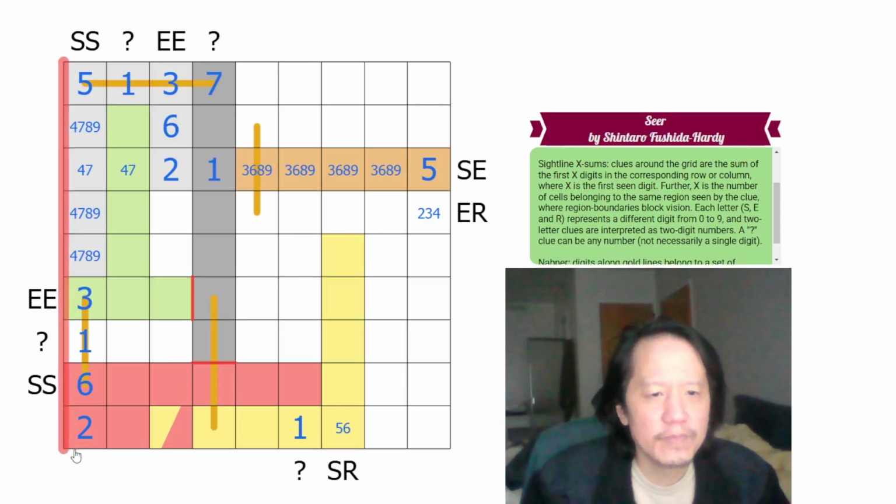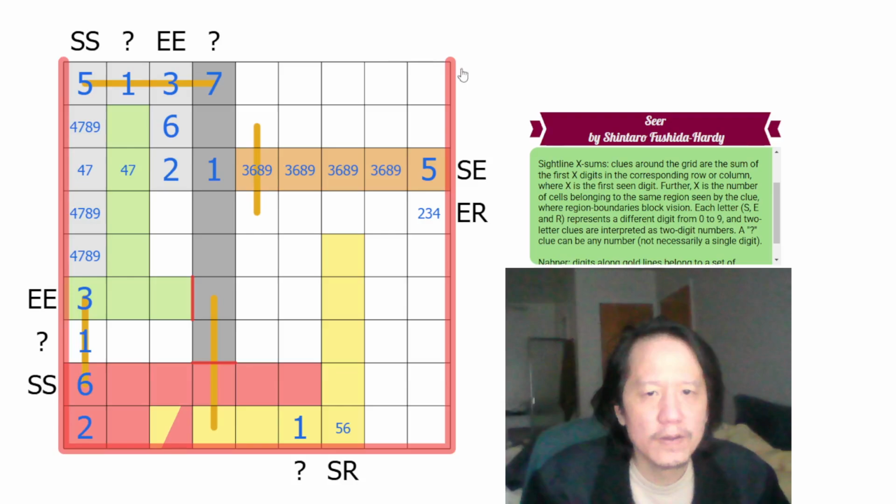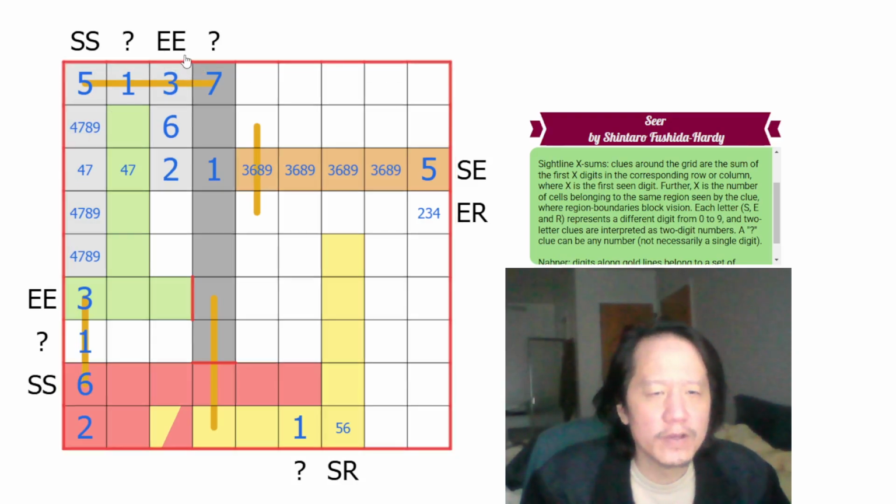We know this is a border. This is a border.